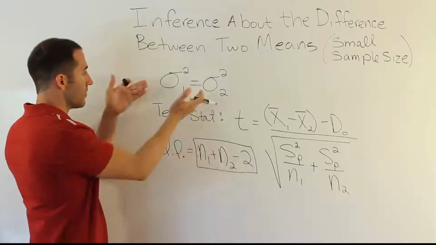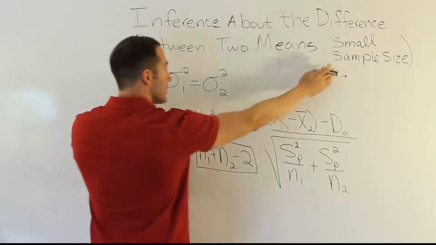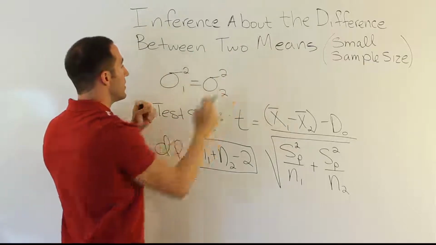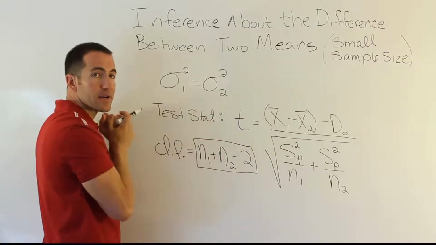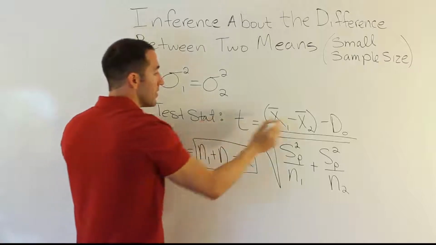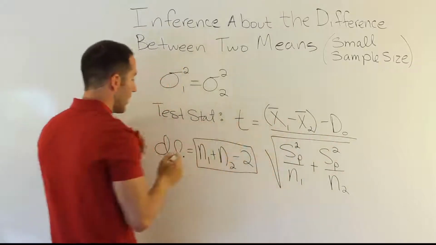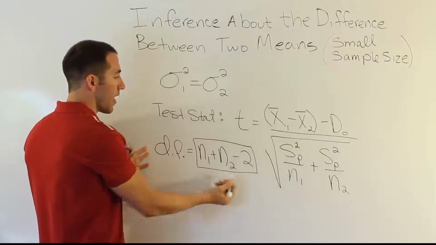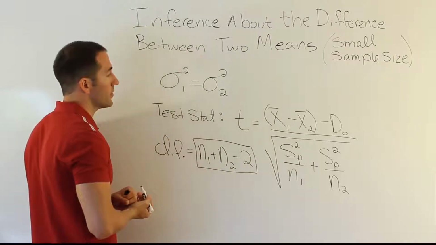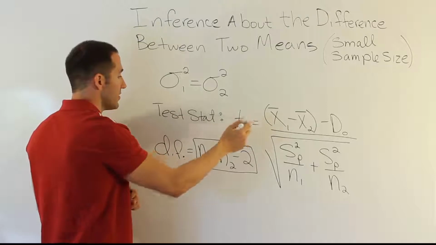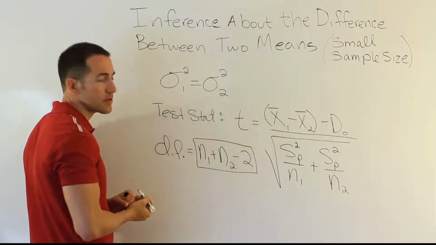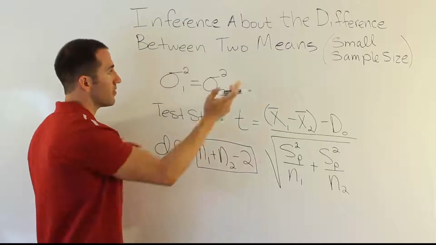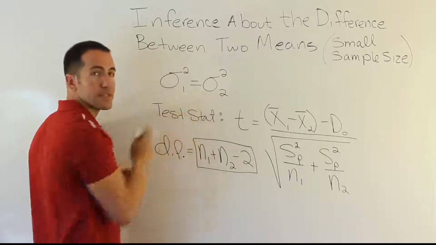Okay, so under the condition where you have small sample size, you're doing hypothesis testing for the difference between 2 means, and we assume the population variances to be the same, we have this test statistic formula and this degrees of freedom. So when you go to look up your critical value, you will use this degrees of freedom. So test stat, degrees of freedom, when you go look up your critical value, that's pretty much all you need to worry about that changes when you're dealing with a small sample size scenario under this condition.